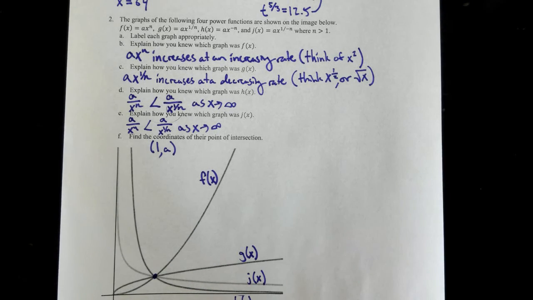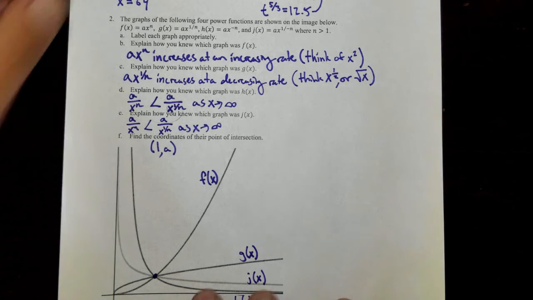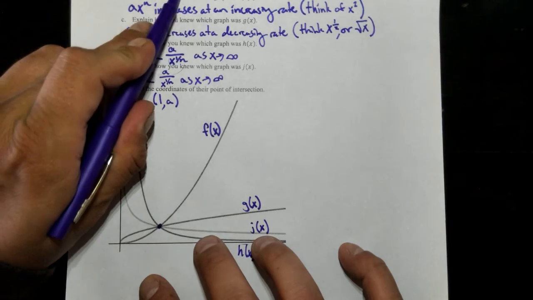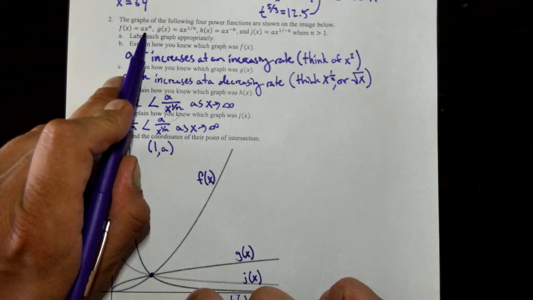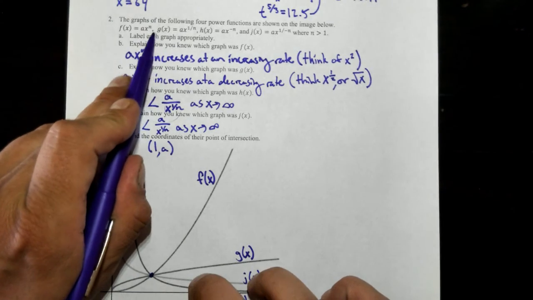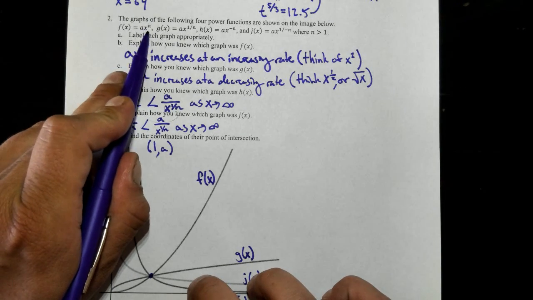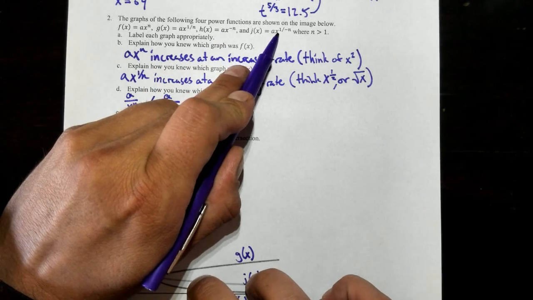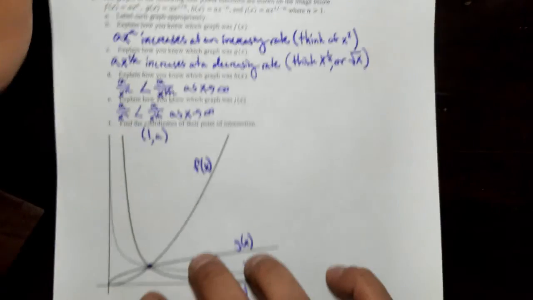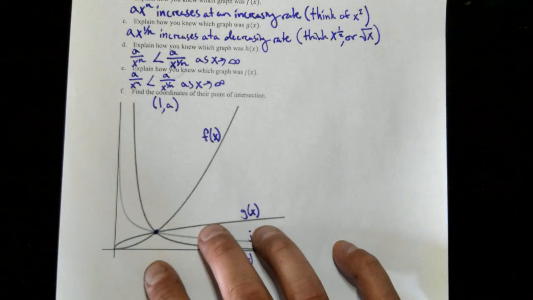The answer is no, because 1 to any power is always going to be 1. So when I plug in 1 for x, they're all going to have the same value, which is just a, because everything else is just 1. So a times 1, a times 1, a times 1, a times 1. So our input is 1, our output is a.